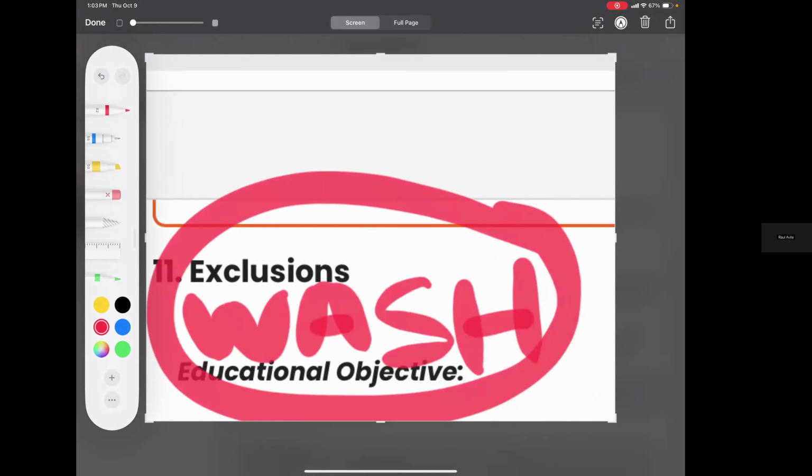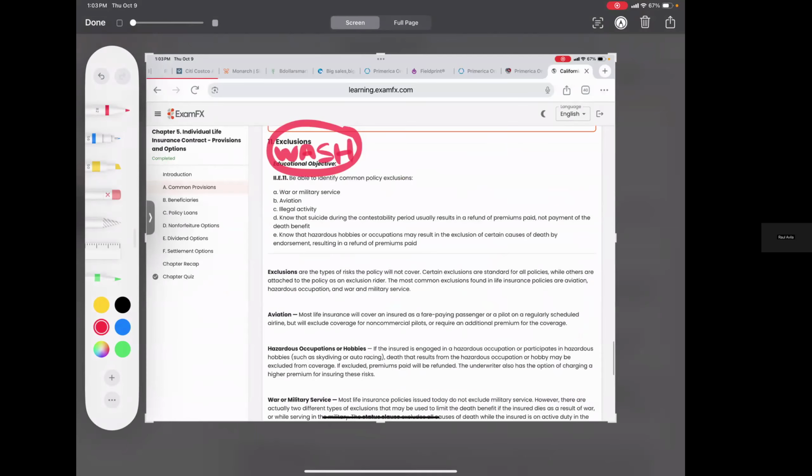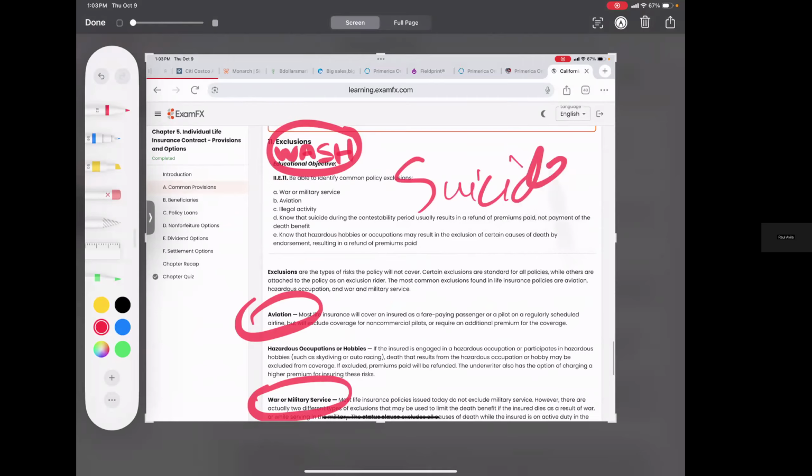W is for war, A is for aviation, S is for suicide, and H is for hazardous sport or hazardous job. Remember, WASH. That means that if you die this way, insurance companies are not obligated to pay.